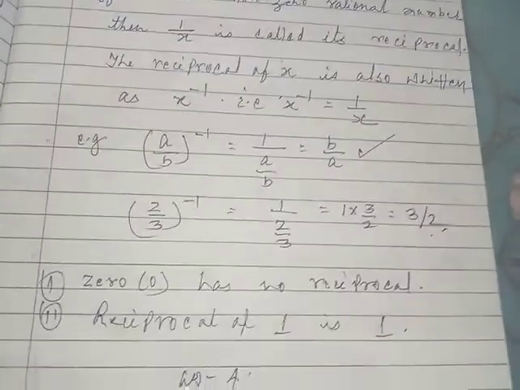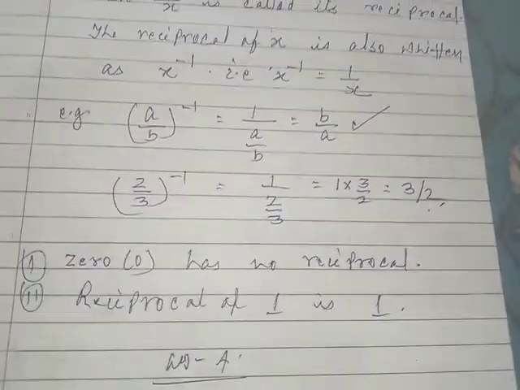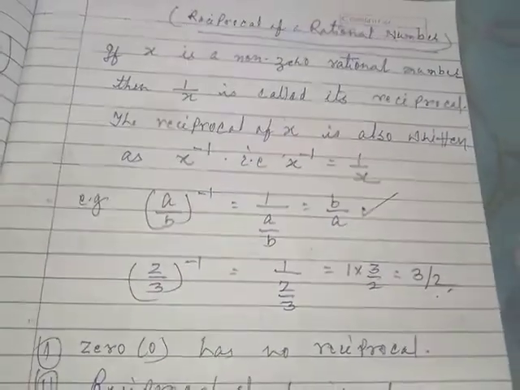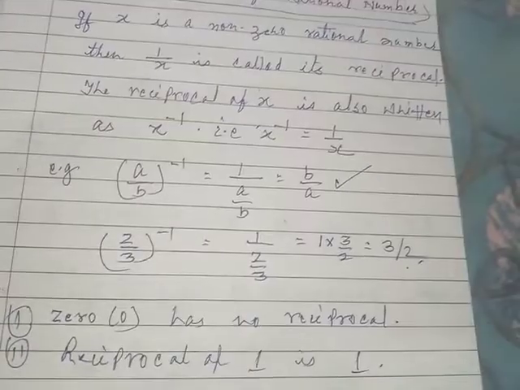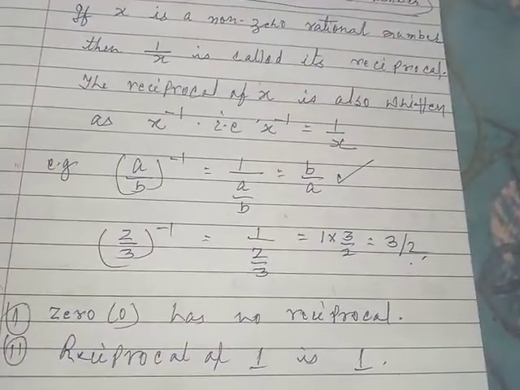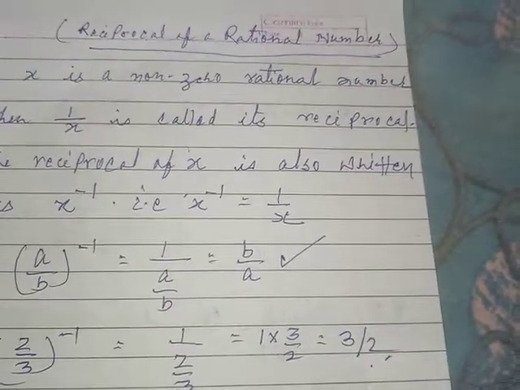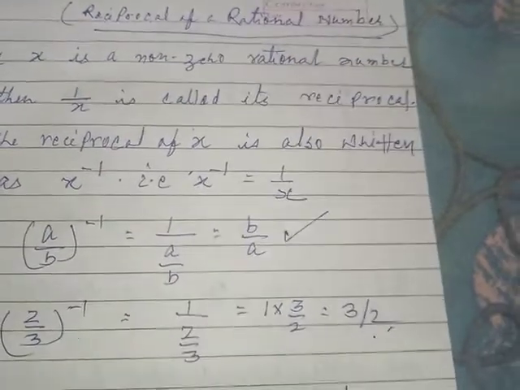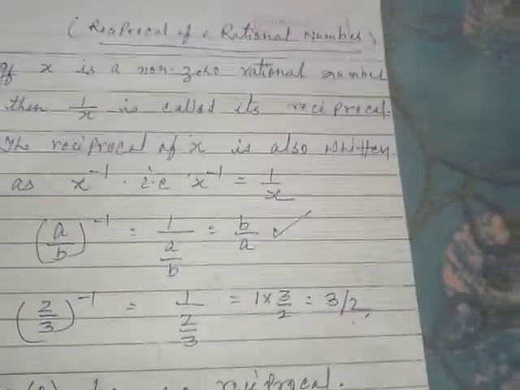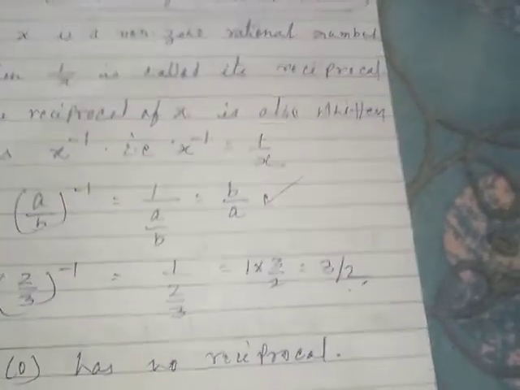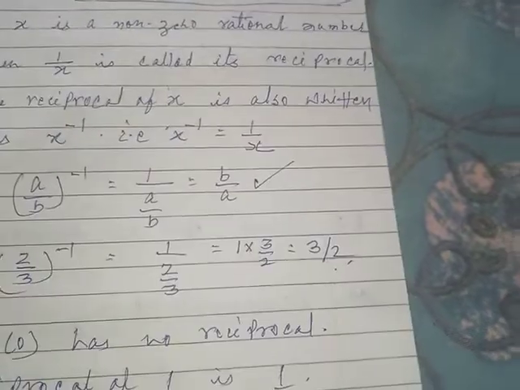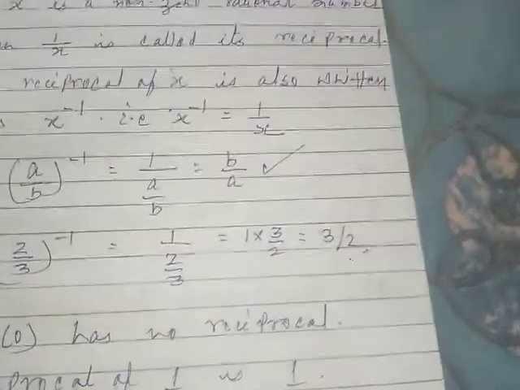Let's recapitulate once again. If x is a non-zero rational number, then its reciprocal is 1 by x. Any doubt? Reciprocal of a number x is also written as x to the power minus 1, which is numerically equal to 1 by x.